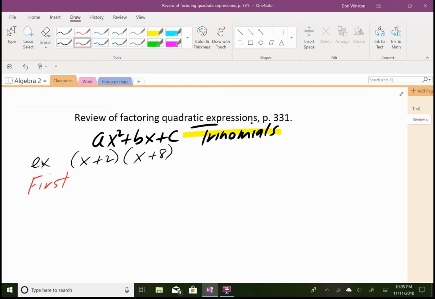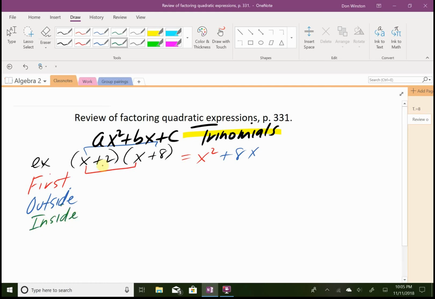F standing for first, so we multiply the first terms. X times x, that gives me x squared. Then the outside terms. So that is x times 8, which gives me 8x. Then the inside terms. So that will give me positive 2 times x is plus 2x.